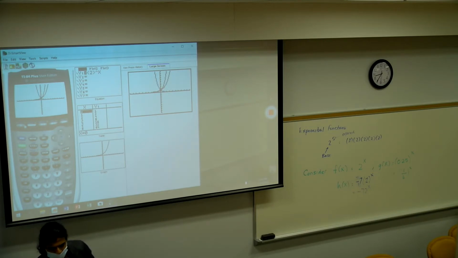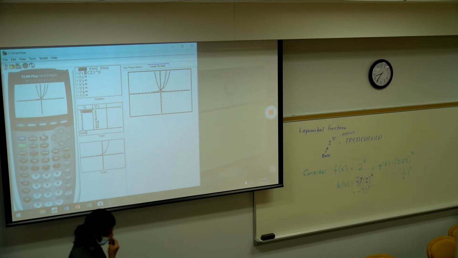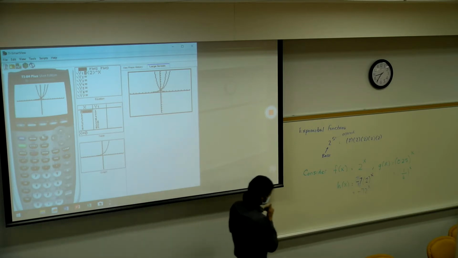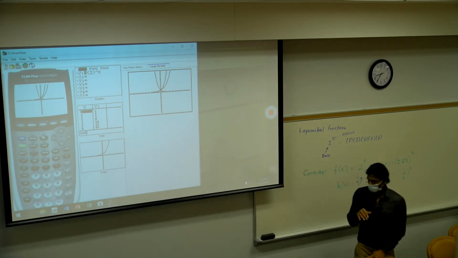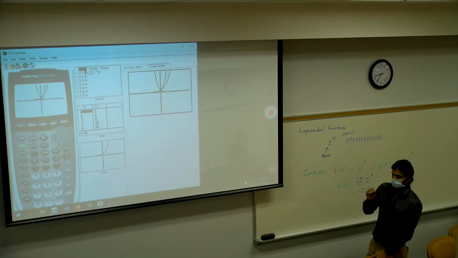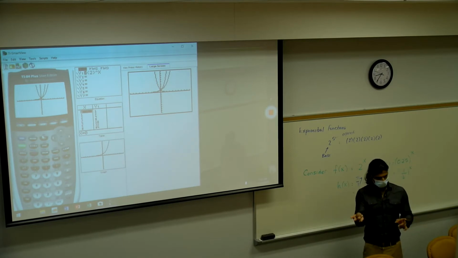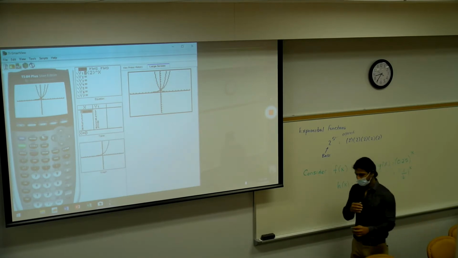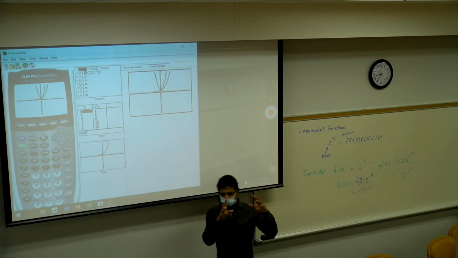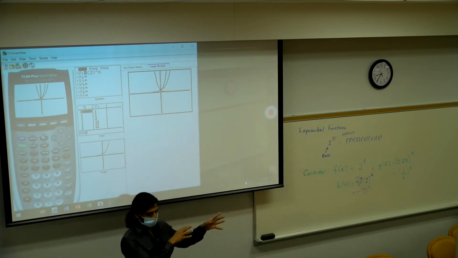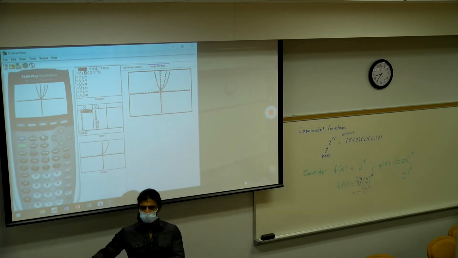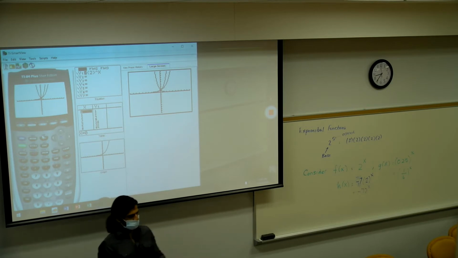So, as x increases, it is going to go towards 0, but by changing to a fraction, we are starting at a higher value, but as we get closer and closer to a positive number, it decreases.